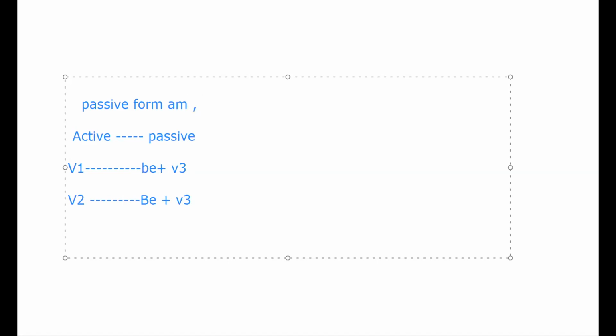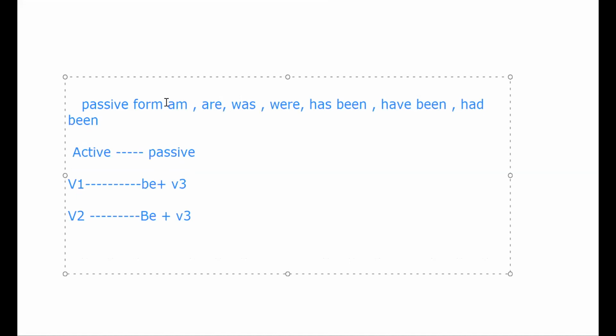Am, are, was, were, okay, has been, have been, and had been. After this, I can use the V3 form when I want to make that a passive. All passive forms of verbs are B plus V3.